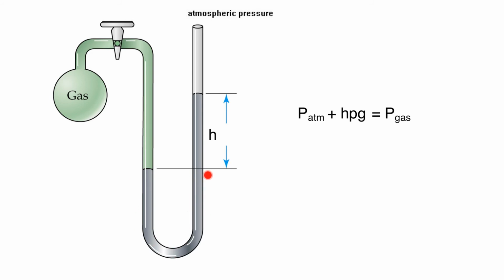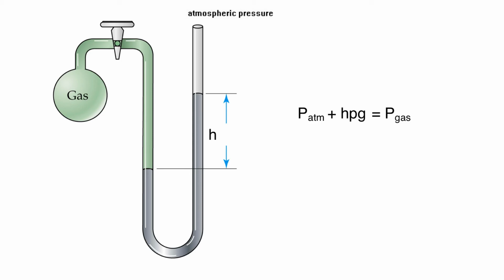So we take this level which is symmetrical for both sides. Since the level here and the level here are the same, the pressure above this is equal to the pressure above this. So find the common level, meaning these 2 points will have the same pressure. Above this is what? Pressure of the gas. Above this is what? Atmospheric pressure plus h rho g. That's how you use it.